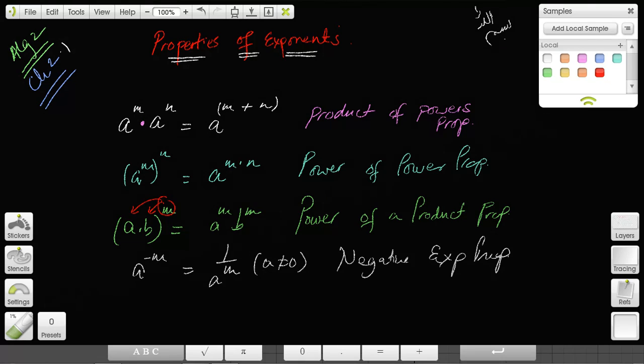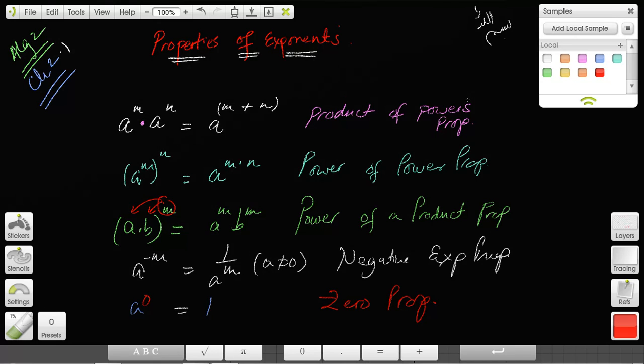We also learned this one: a to the 0 equals 1, and a does not equal 0. This is easy enough. What do you think it's called? The zero property.